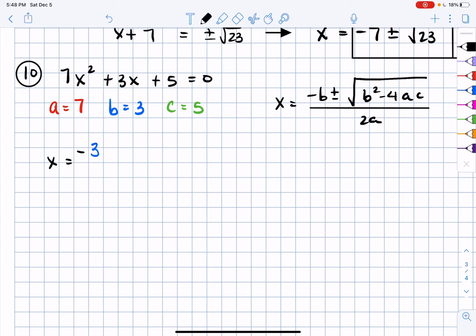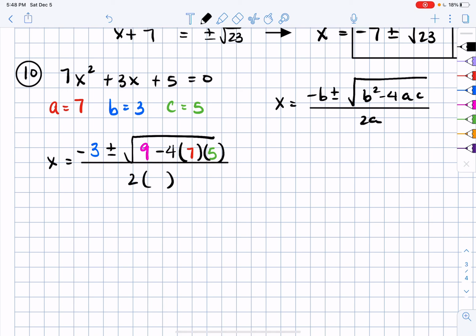Negative 3 plus or minus the square root of b^2 minus 4 times a times c, all over 2 times a.